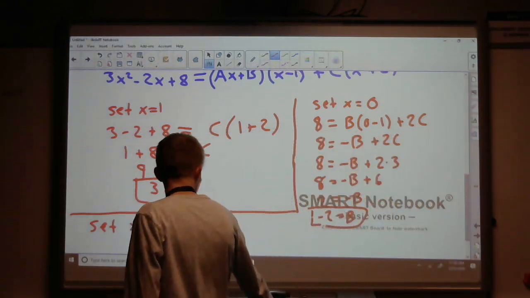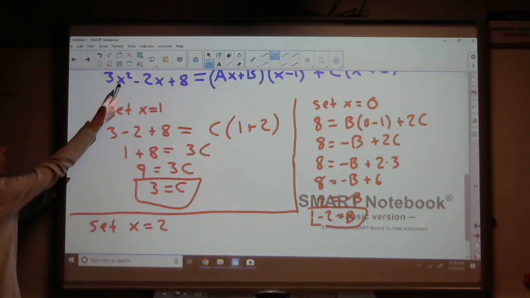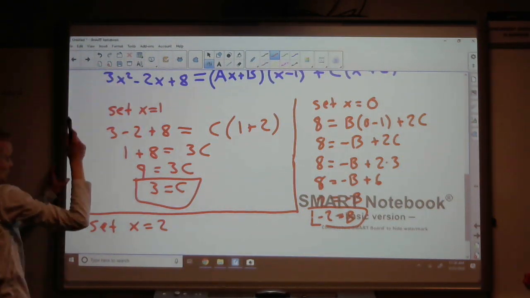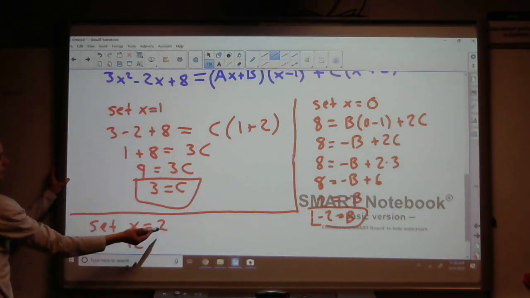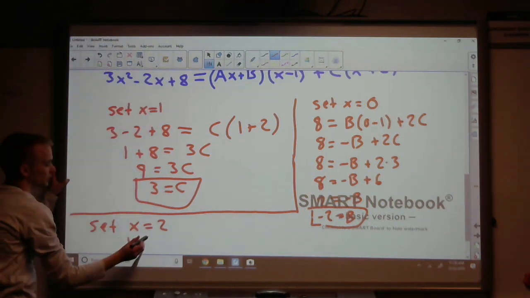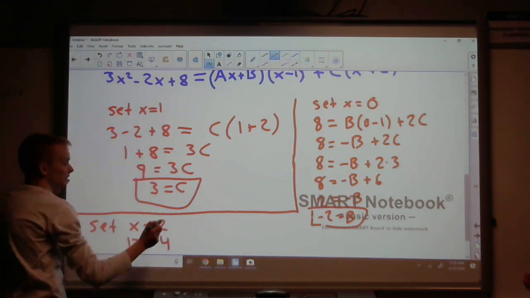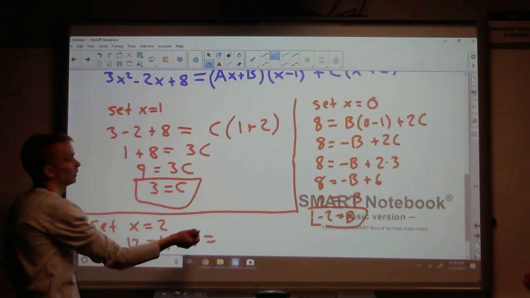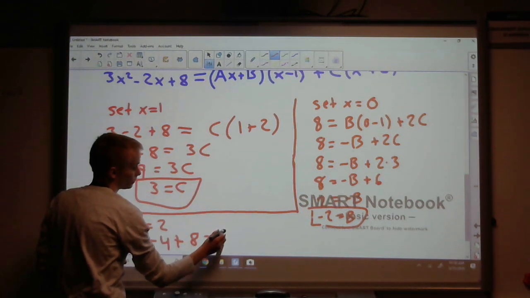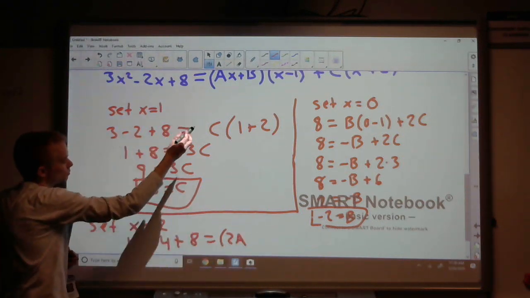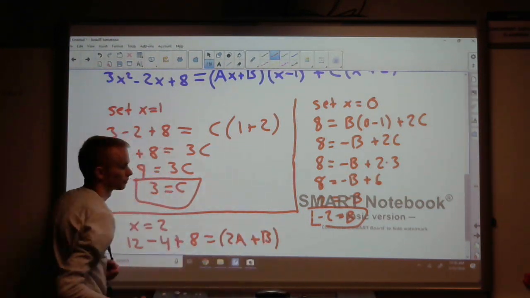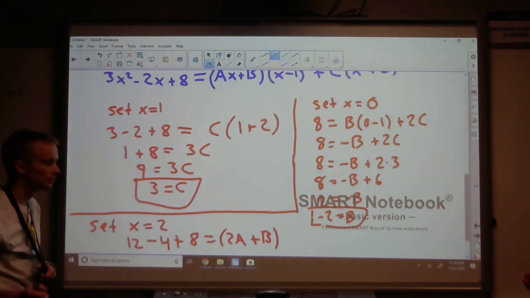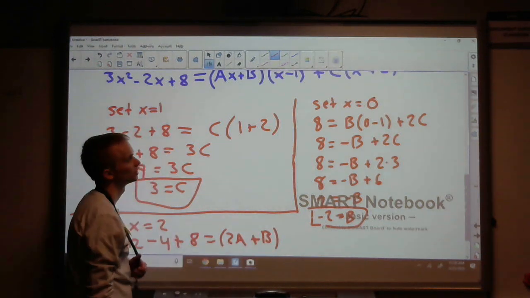When I set x equals 2 in this equation, I get 2 squared is 4, times 3 is 12. 2 times 2 is 4, so minus 4, plus 8 is equal to 2 times a, so 2a, plus b, and then 2 minus 1 is just 1, so 1 times this just stays the same.